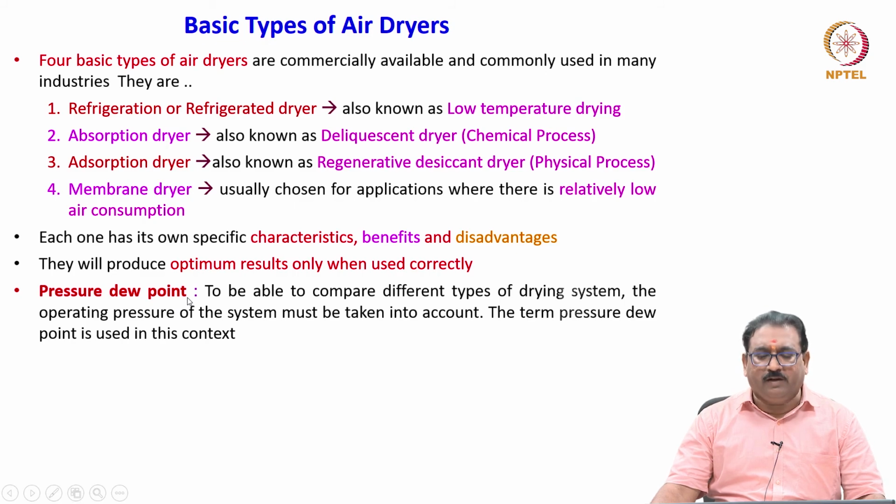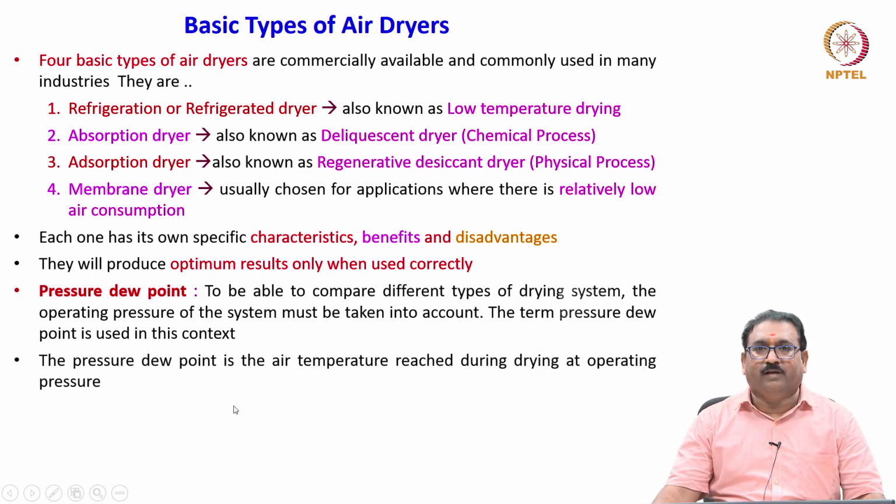Regarding the pressure dew point, to be able to compare different types of drying systems, the operating pressure of the system must be taken into account. The term pressure dew point is used in this context. The pressure dew point is the air temperature reached during drying at operating pressure.